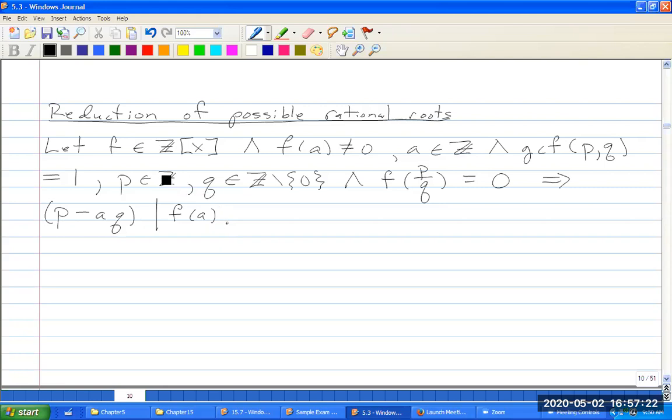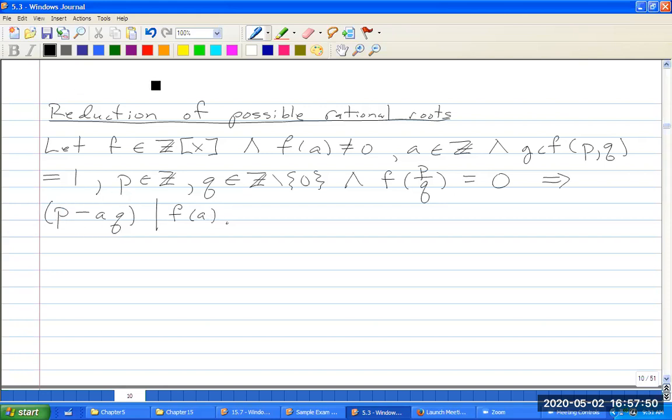So it turns out that your possible rational roots are now restricted greatly by this further condition. This sort of error that you obtained, that you tried something and it didn't work, will now eliminate from that list of possible rational roots all of the rational roots that do not satisfy this.